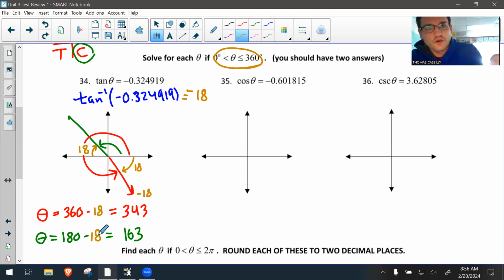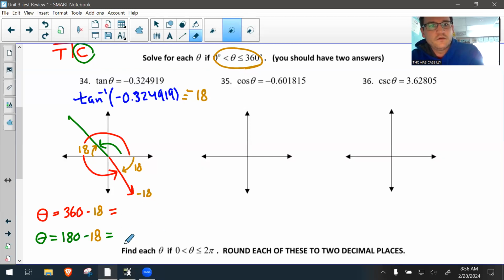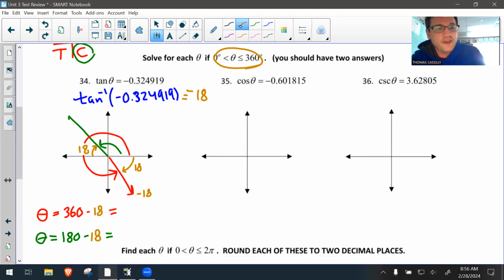It's going to change our answers. 360 minus 18 is 342, and the other one, 180 minus 18, is 162. Let's check those instead.